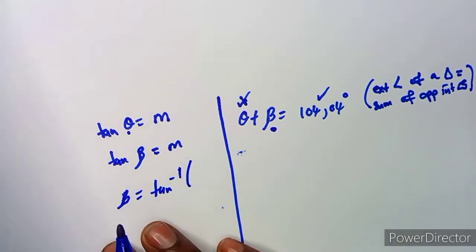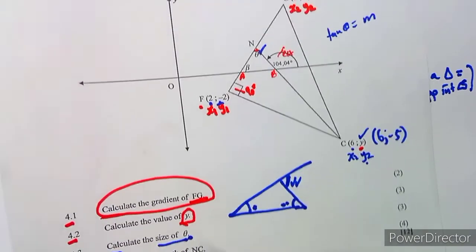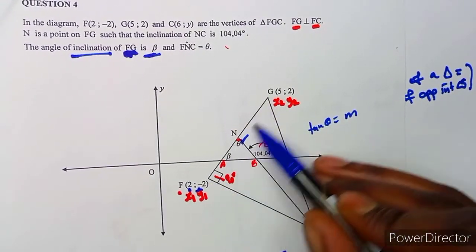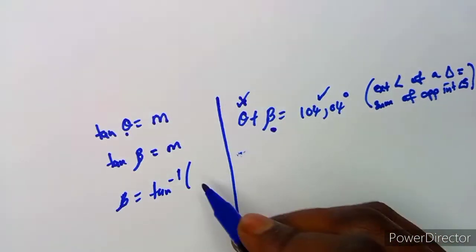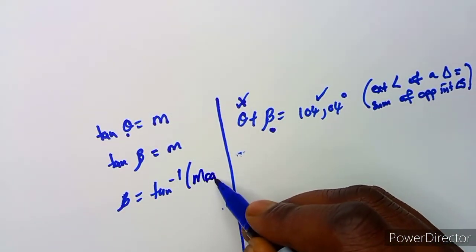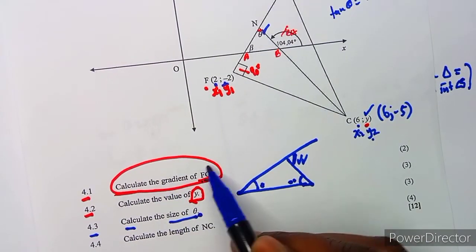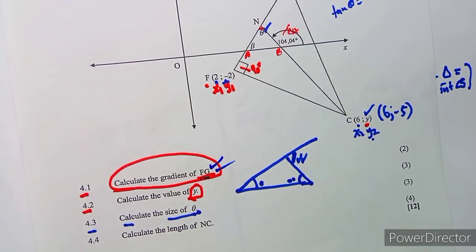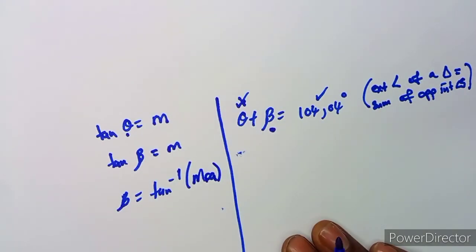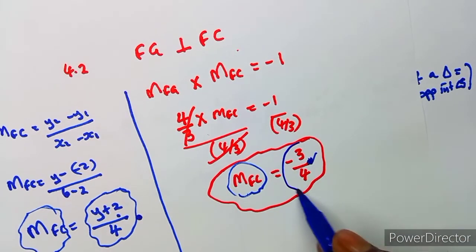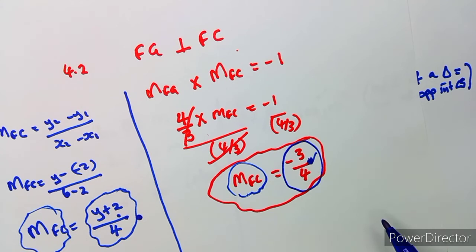Which m are we talking about? Which gradient are we talking about? We are referring to the gradient of FG. It's an angle of inclination of line FG. So it is going to be the gradient of FG, the one that you calculated in the first part here. Remember, you calculated this gradient before. Okay, so you're going to take that gradient, which is your FC in this case, and that was a negative 3/4 that you had.